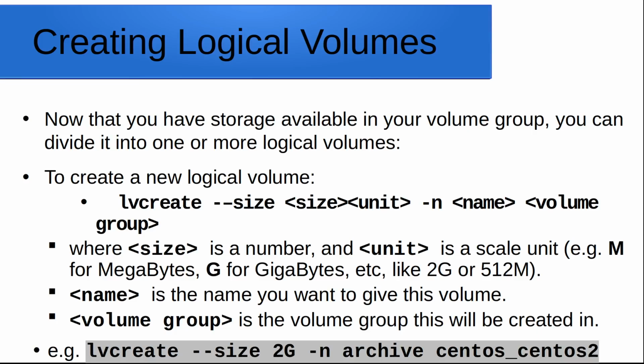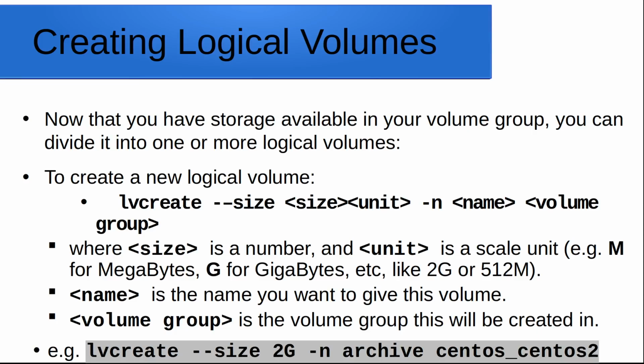So now that you've got storage available in your volume group, you can divide it up into one or more logical volumes. You can create a new logical volume by using lvcreate --size and give it a size and a unit so it knows how that is measured, -n and a name, and then the volume group that you want it added to.